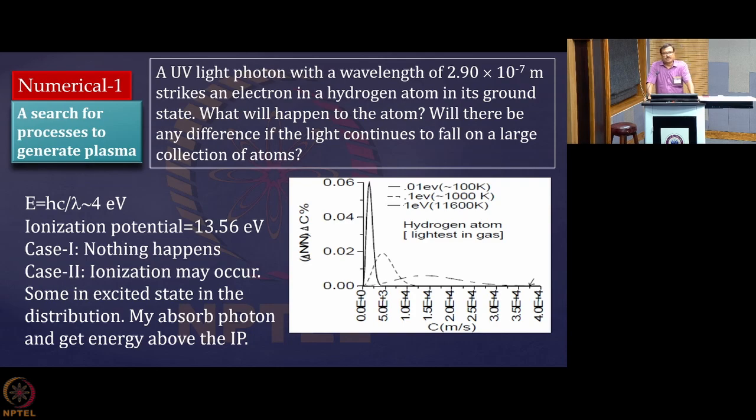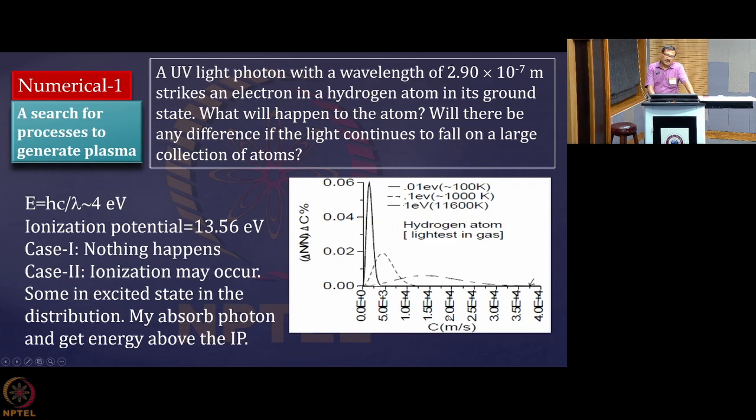Now, case 2: you have a large collection of atoms. What is happening? They now form a distribution through collisions, depending on the temperature. What you are seeing here is the Maxwellian distribution plotted as a function of speed at different temperatures.